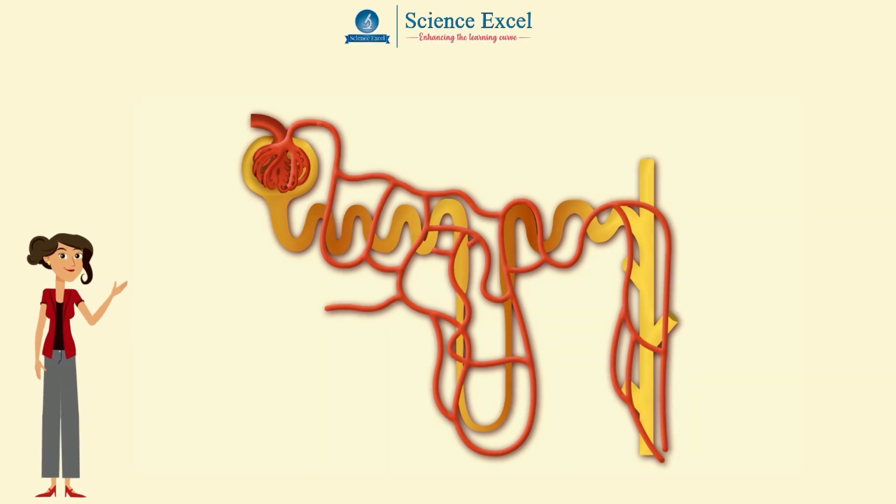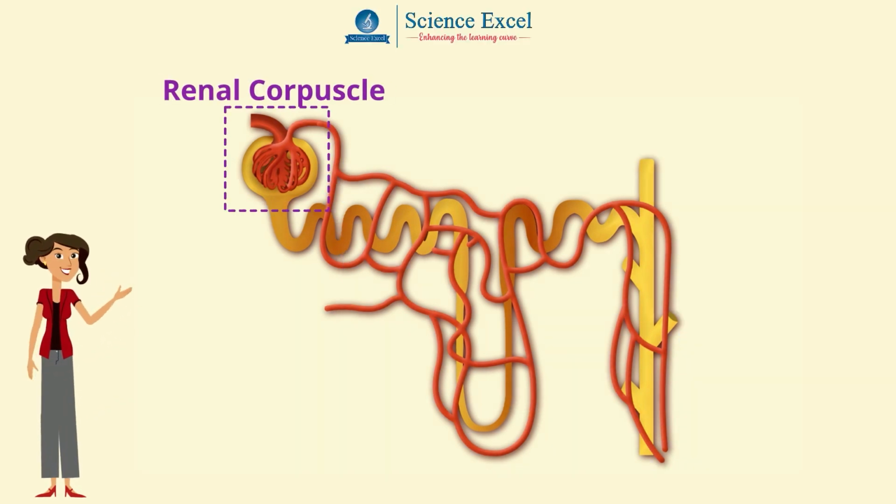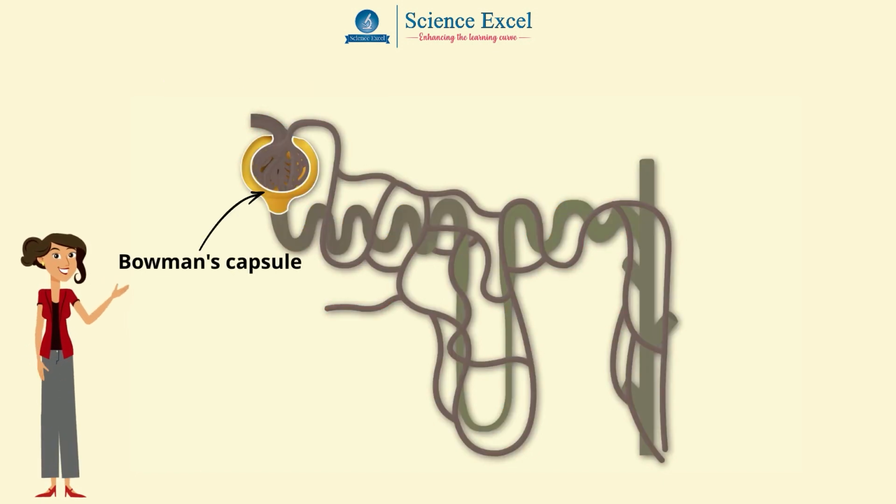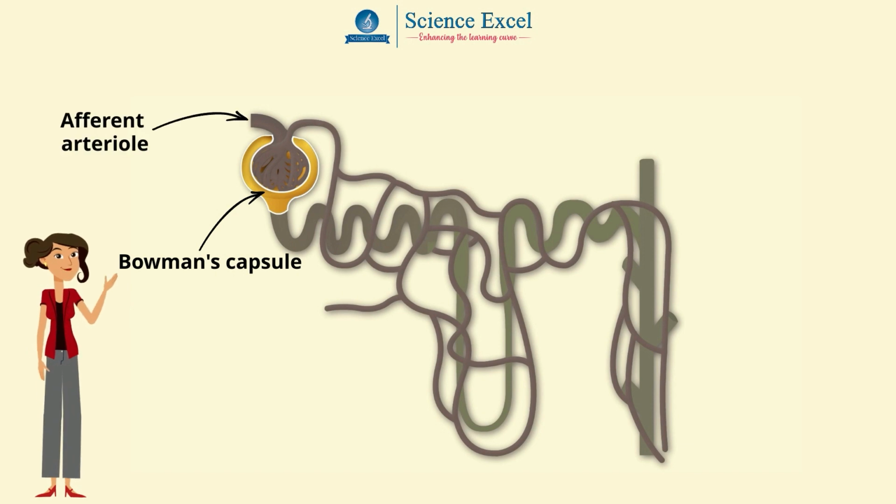Let us take a look at the renal corpuscle. The renal corpuscle consists of a Bowman's capsule or renal capsule, which is a double-walled cup-like structure. A branch of renal artery called the afferent arteriole brings oxygenated blood into the nephrons.